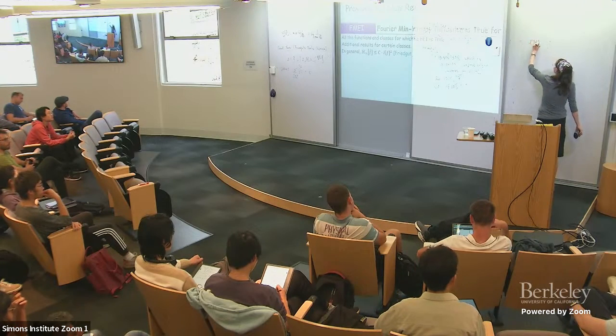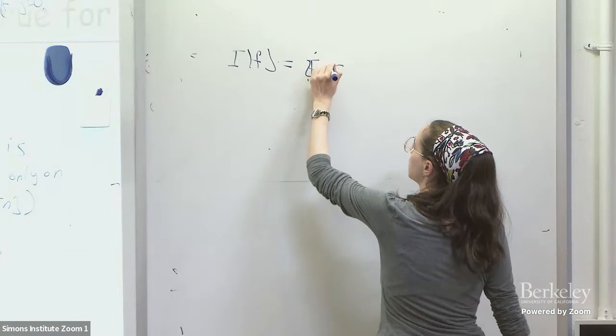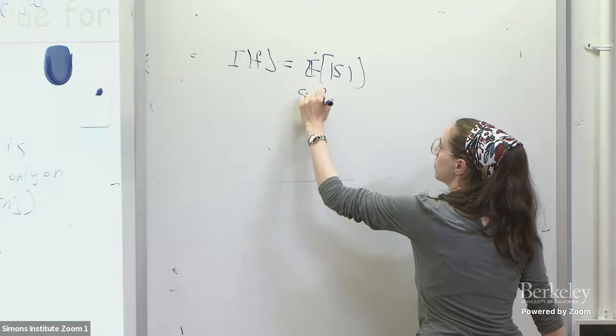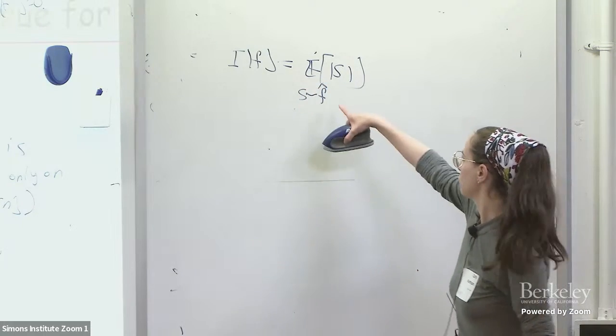The total influence, we say this is the expected degree, taking S from the Fourier distribution.